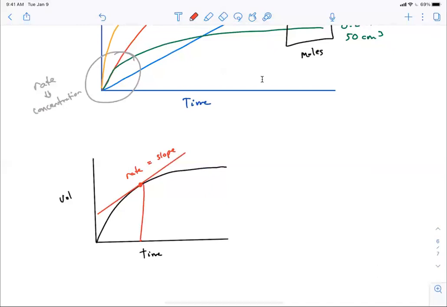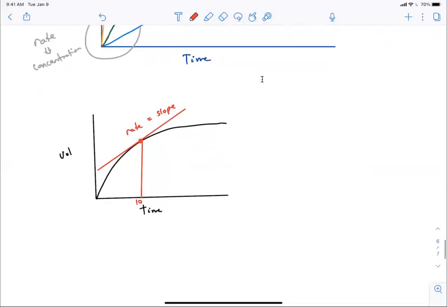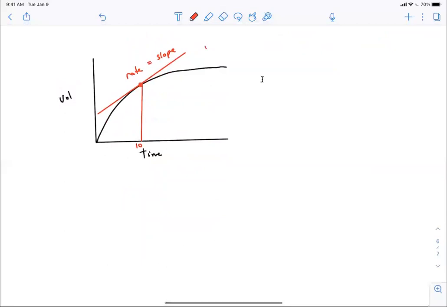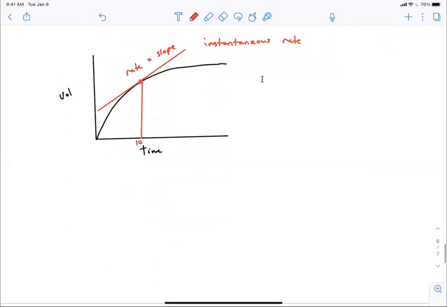Well, you draw a line up here, that's 10, and you draw a tangent line to that point and figure out the slope of that. Okay, and that works for all types of graphs, whether it's volume, mass, or concentration. Draw a line tangent to the curve. Instantaneous rate is what we're talking about here. Okay.